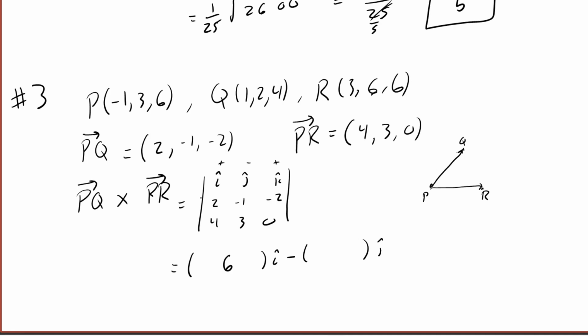So I cross out the middle row. I have 0 minus minus 8. I have 8. Finally, I have k hat. So I cross out this last row. I have 6 minus minus 4. So this gives me 6, minus 8, and 10.